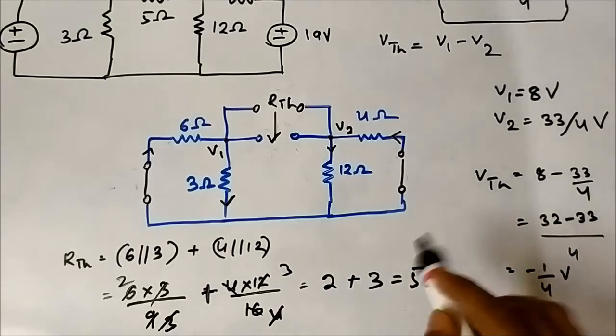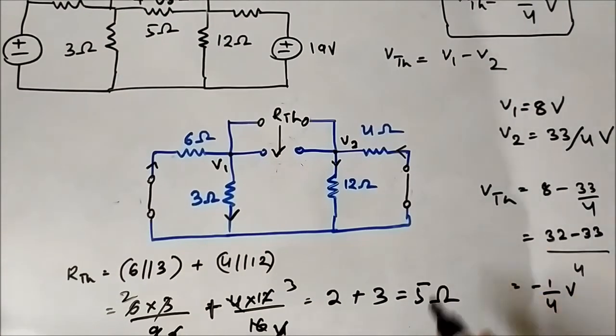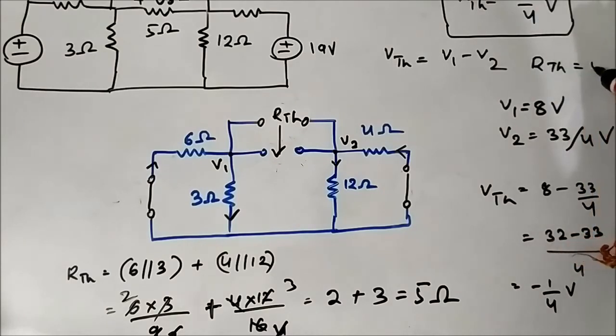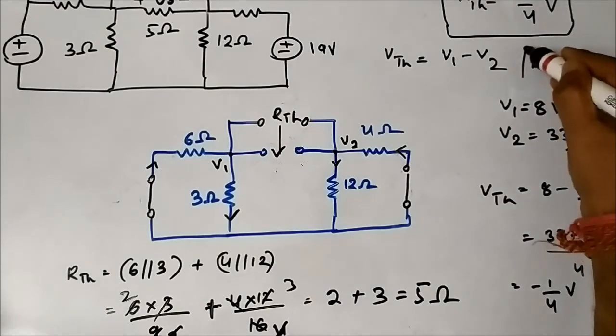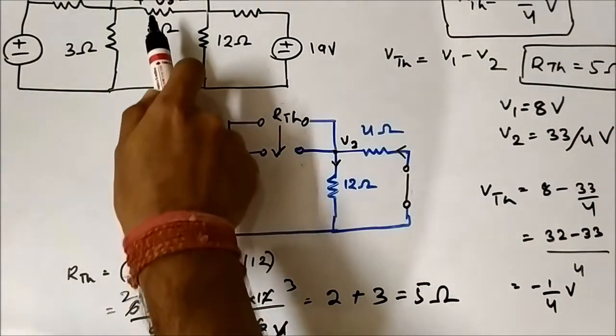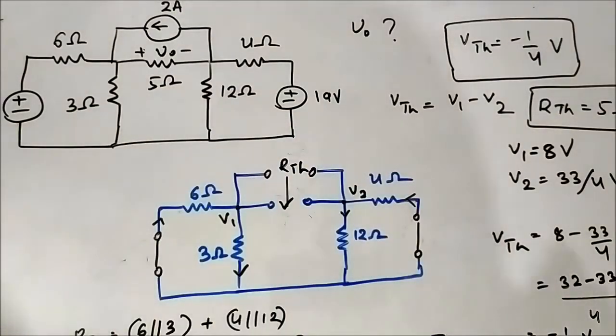So we have got both VTH as minus 1 by 4 volt, RTH as 5 ohm. Now our objective is to determine the voltage drop across this 5 ohm resistor.